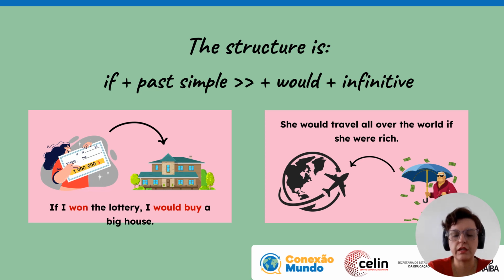But when we're writing, when we're talking about conditional sentences, in the second conditional sentence, when we use if, we can use if were. Okay, if I were, if she were, if he were, okay? It's possible. It's grammatically correct too, okay?